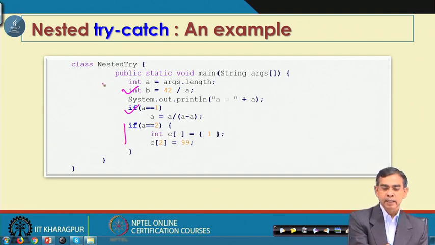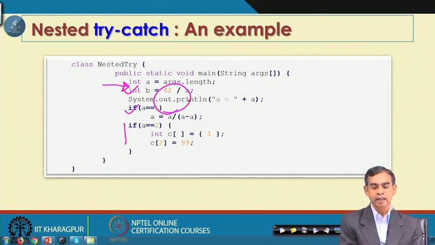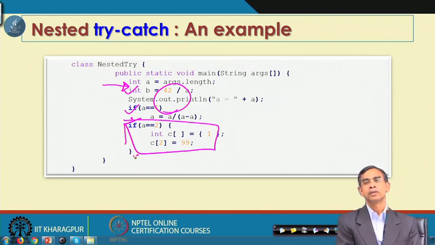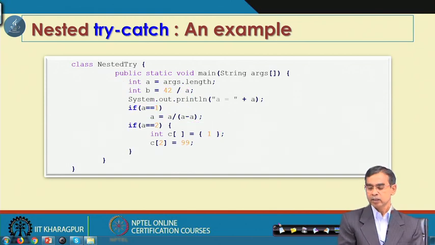The idea is that we can write one try block here, and this try catch block will handle the arithmetic exception. Then there is another error that may occur within this, so inside we can put another try catch block so that it can handle this exception. This is the concept of nesting. So, this is a simple example.